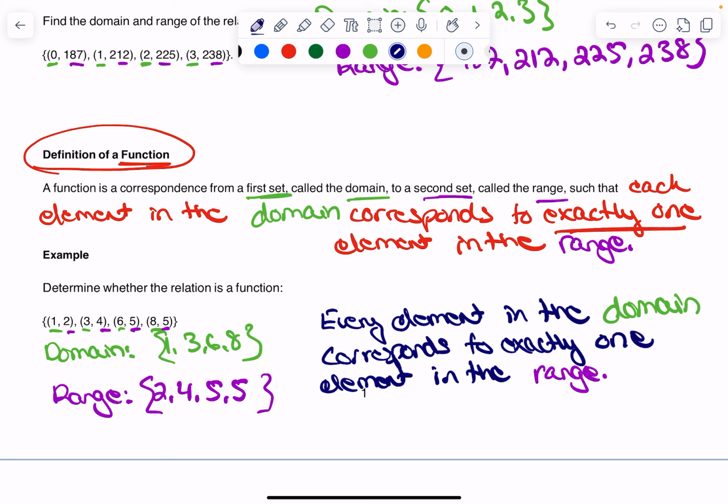So there are no two ordered pairs in the given relation that have the same first component and different second components. We could draw lines here and each one is different. So this is a function. It's a relation anyways, but it also is a function.